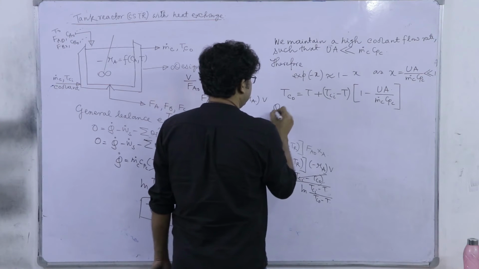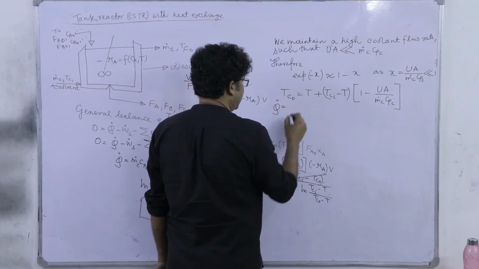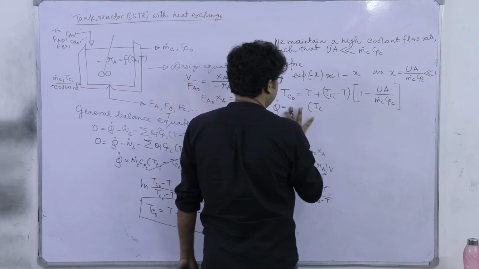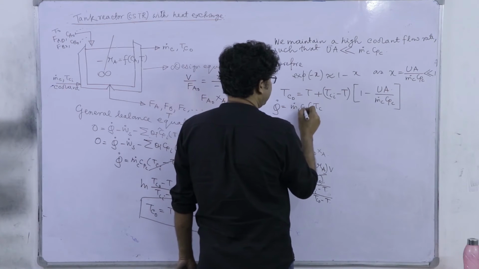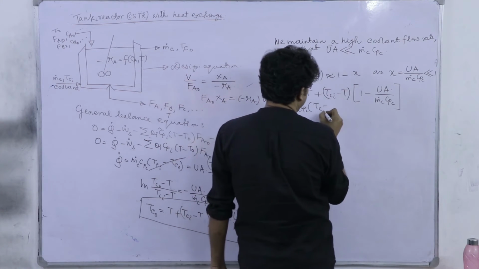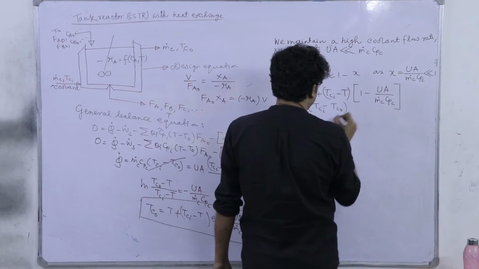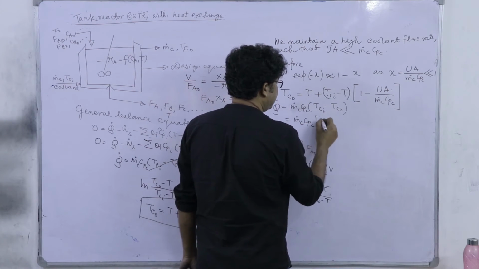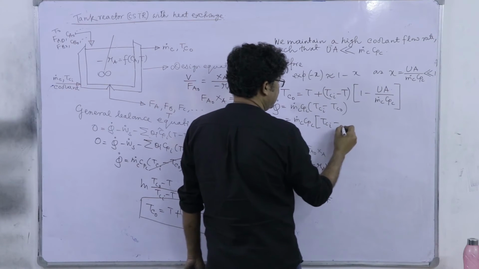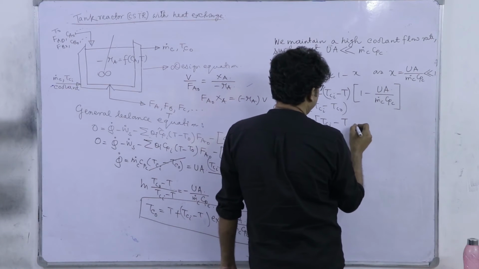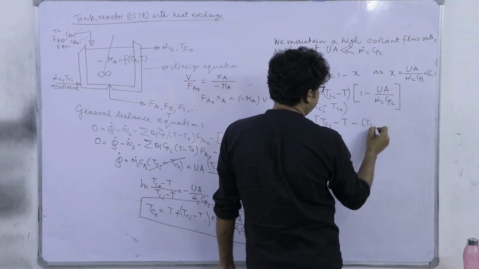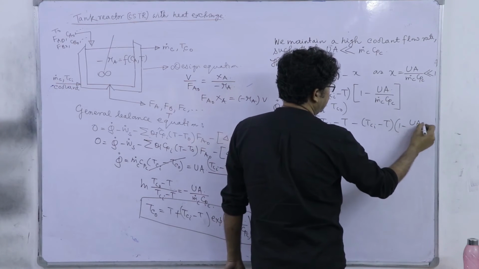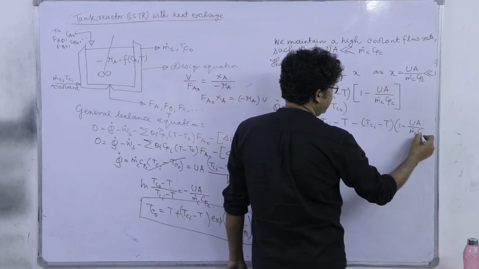So, the heat given by the coolant which is m dot C Cpc, Tci minus Tco. Now, let us substitute, m dot C Cpc, Tci will be as it is. Now, Tco let us substitute. It is T plus Tci minus T into 1 minus UA by m dot C Cpc.